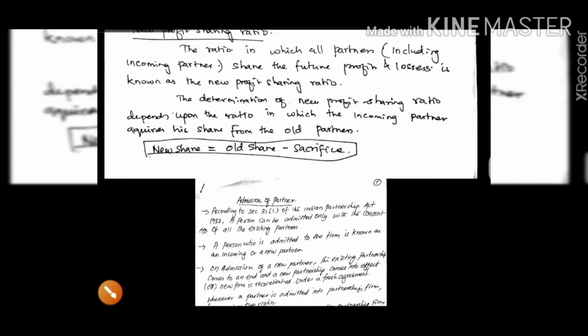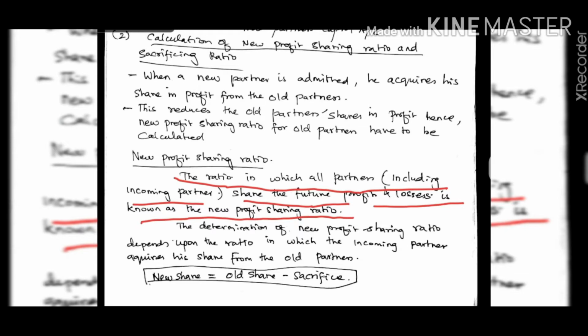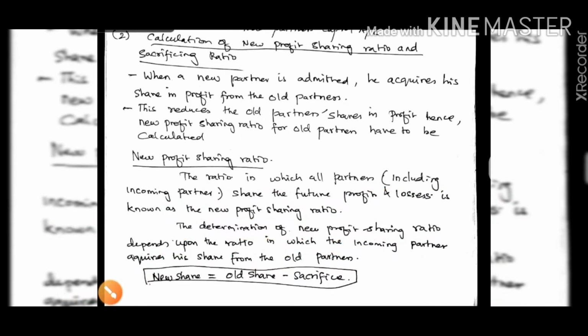The ratio in which all partners, including the incoming partner, share the future profit or losses is known as the new profit sharing ratio. The determination of the new profit sharing ratio depends on the ratio in which the incoming partner acquires his share from the old partners. The new share is equal to old share minus sacrifice.